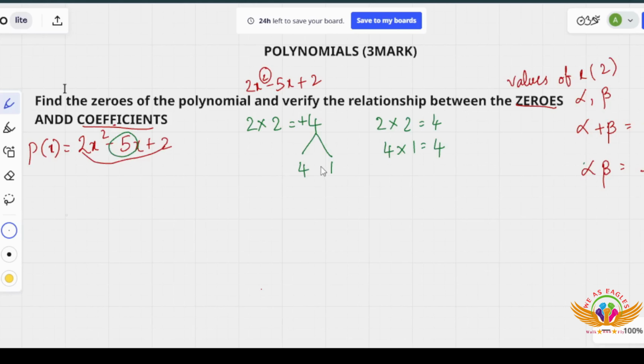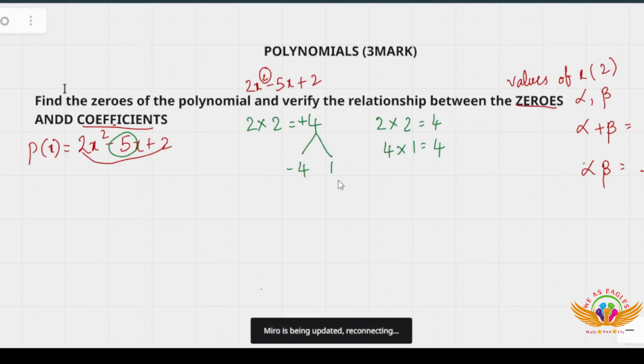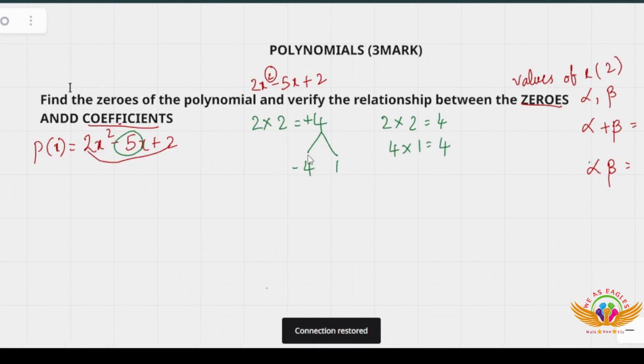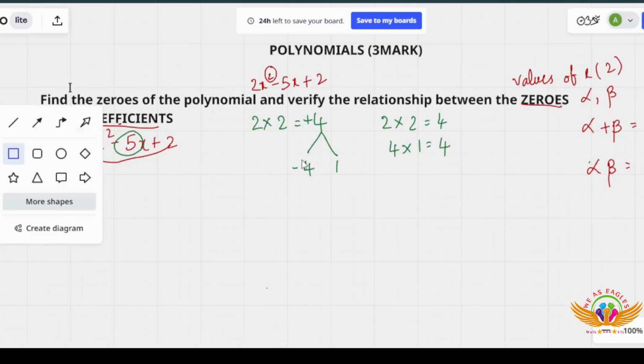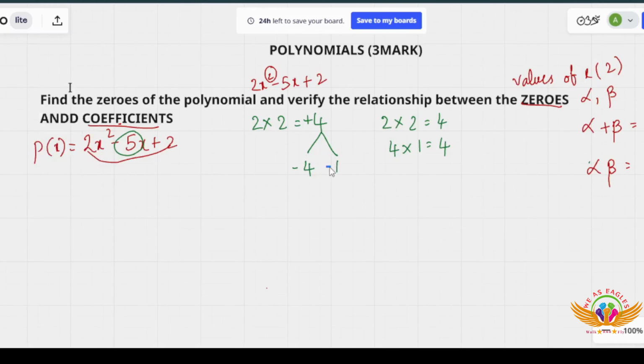When I multiply both signs, I need to get plus 4. When I add both the numbers, I need to get the middle term, that is minus 5. So I am going to choose 2 minus.